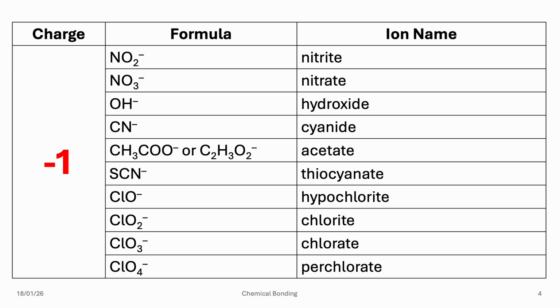SCN- is called thiocyanate. ClO- is called hypochlorite. ClO2- is called chlorite. ClO3- is called chlorate. And ClO4- is called perchlorate.